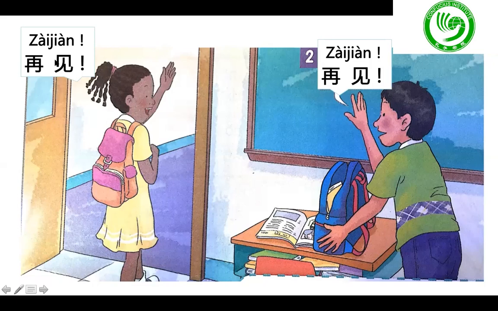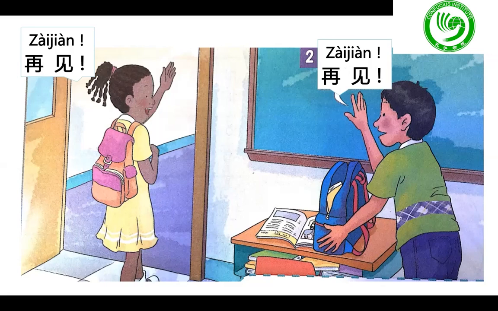It is 再见. 跟我读，再见，再见，很好。Now you say goodbye to me, please. 再见。Now I say goodbye to you and then you reply, please. 再见。很好。Now you just try to say goodbye by yourself. Could you please say goodbye to Panda?